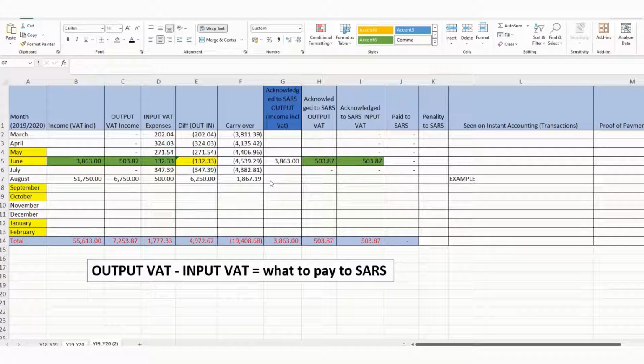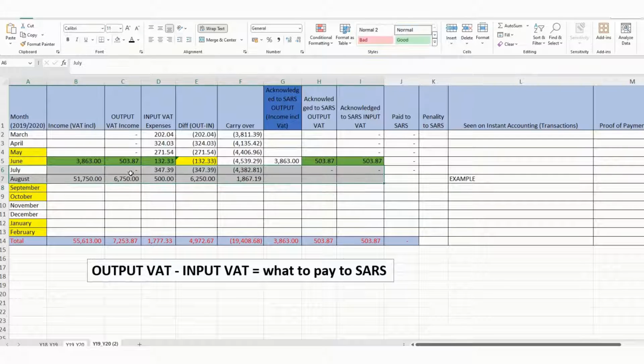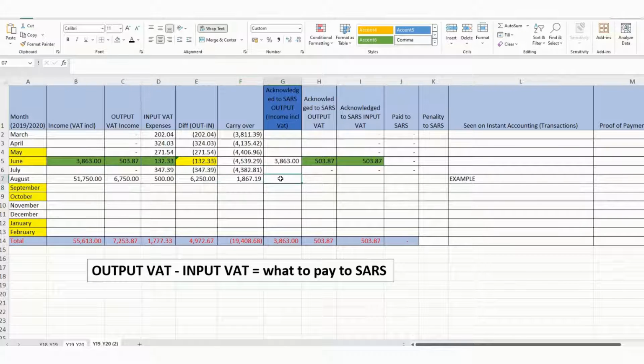So with this analysis for the end of August, because I'm only now doing it for July and August, that's the focus now, because I've already cleared my VAT output already as part of the June submission. So for July and August, I can now communicate to SARS that this was my total income, which is inclusive of VAT, and the output VAT is 6,750.